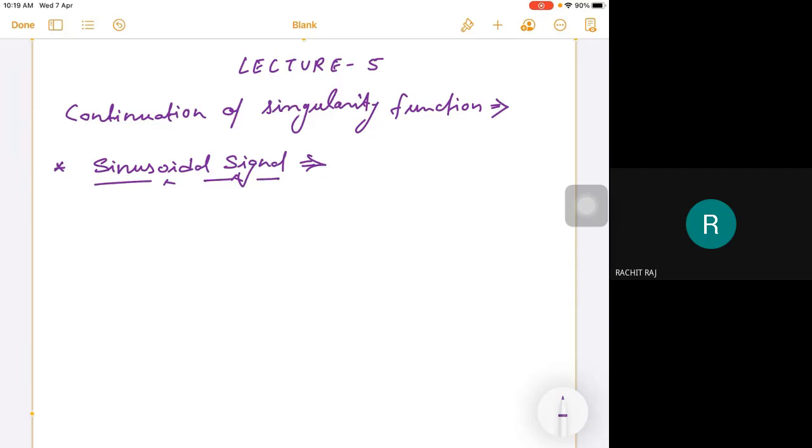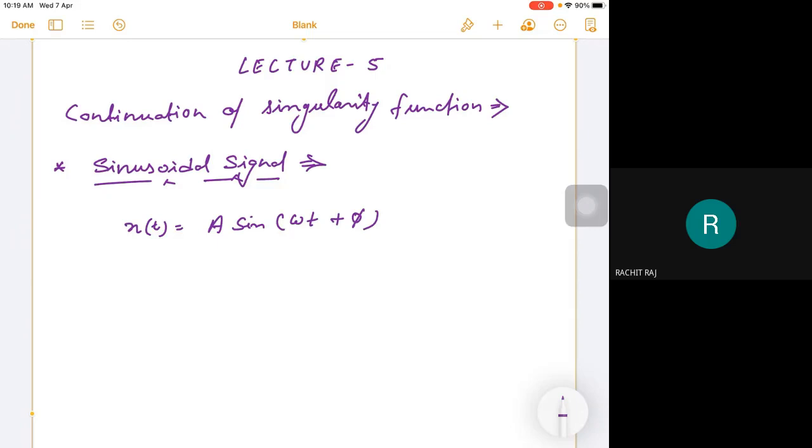So the generalized form of this sinusoidal signal is x(t) equal to A sin(omega t plus phi).